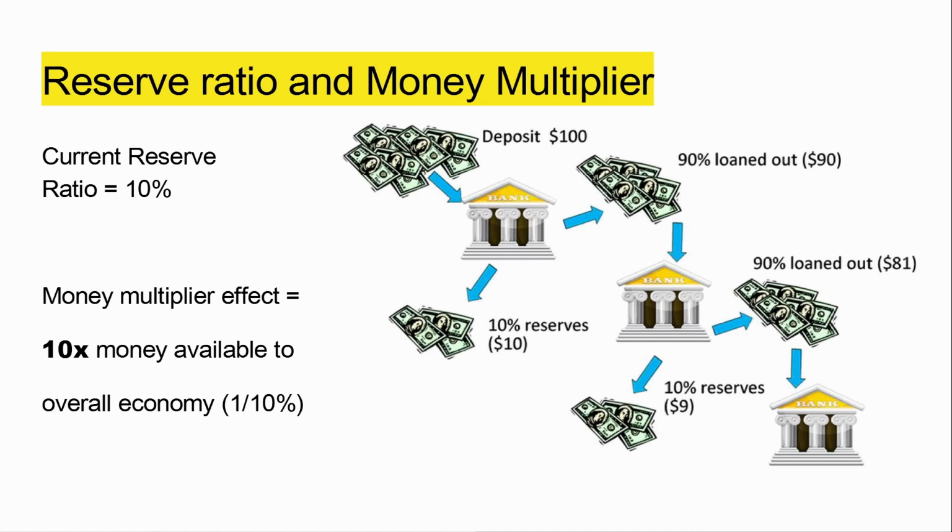The money multiplier equals 1 divided by the reserve ratio. So when the central bank wants to adjust how much money is available to its economy, they can simply increase or decrease the reserve ratio, and banks have less or more to loan out. The government doesn't have to print or destroy any physical money.